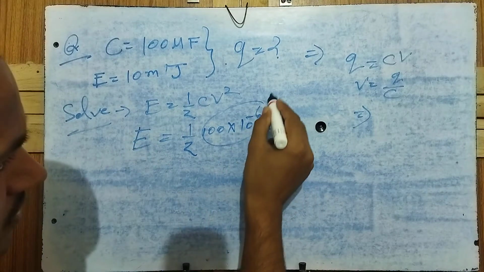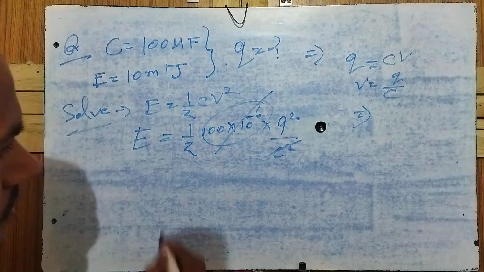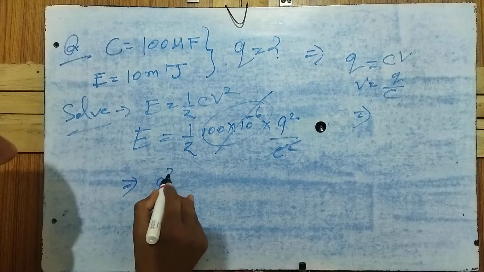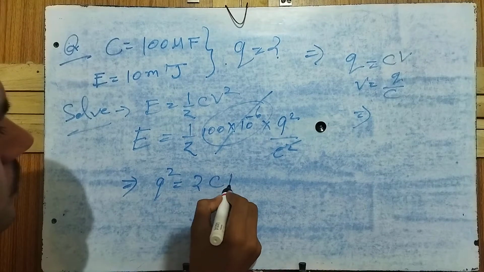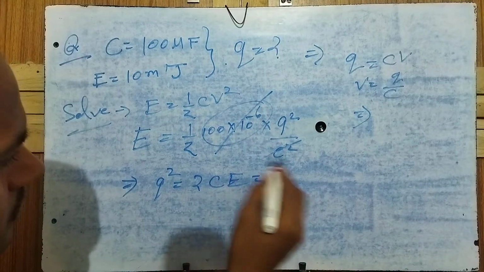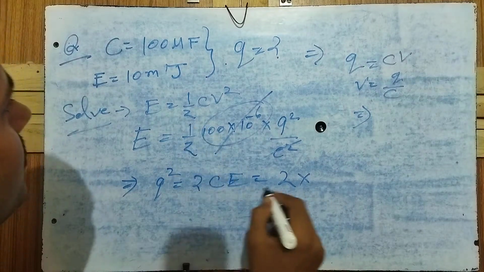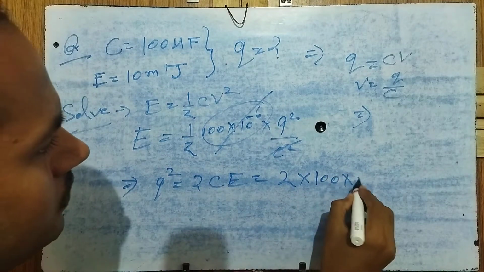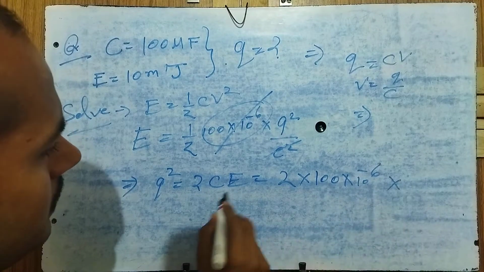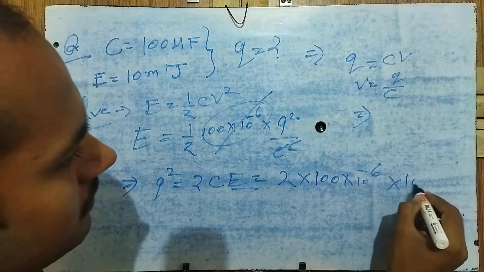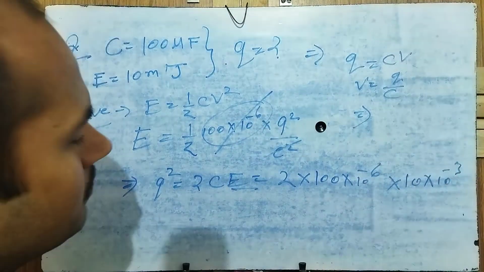So one C and one C will be cancelled out. So from here we can say Q square is equal to 2 into C into E. So put 2 into C, what is C? 100 into 10 power minus 6 into what is E? 10 into 10 power minus 3.